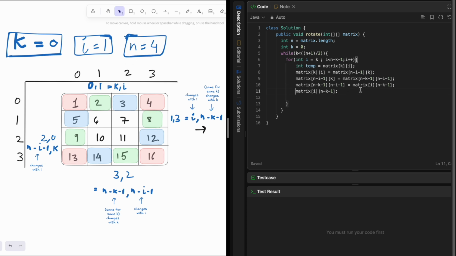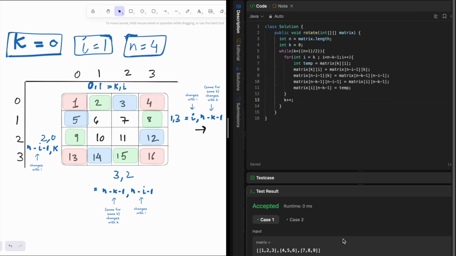I hope you were able to come up with this on your own, and if not, I hope it's clear now. And at the end we want to increase the k value. That's pretty much our solution. I hope we don't have any silly errors when we run it.